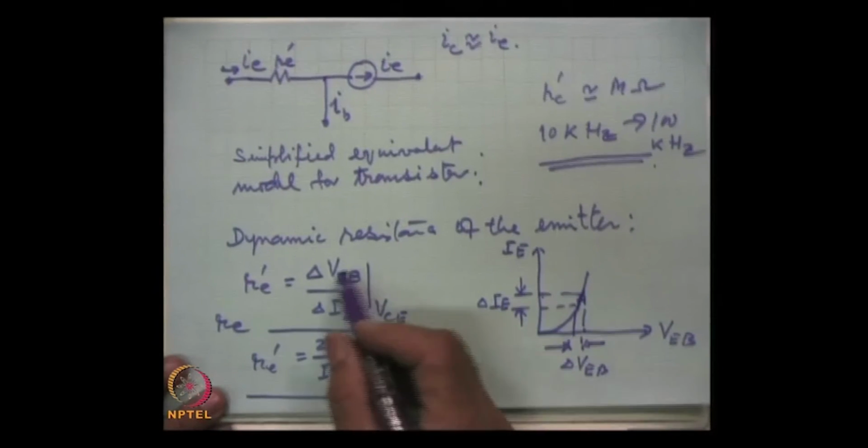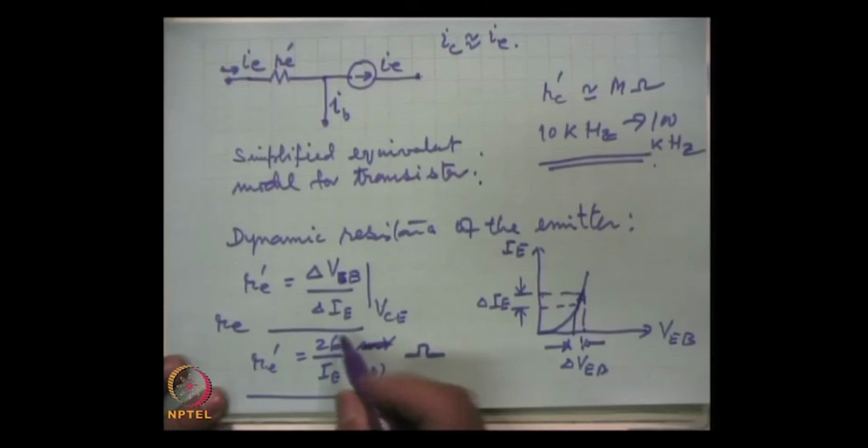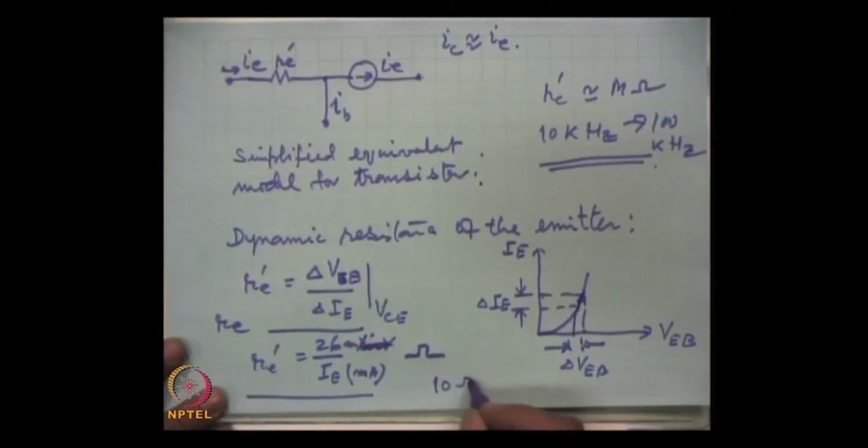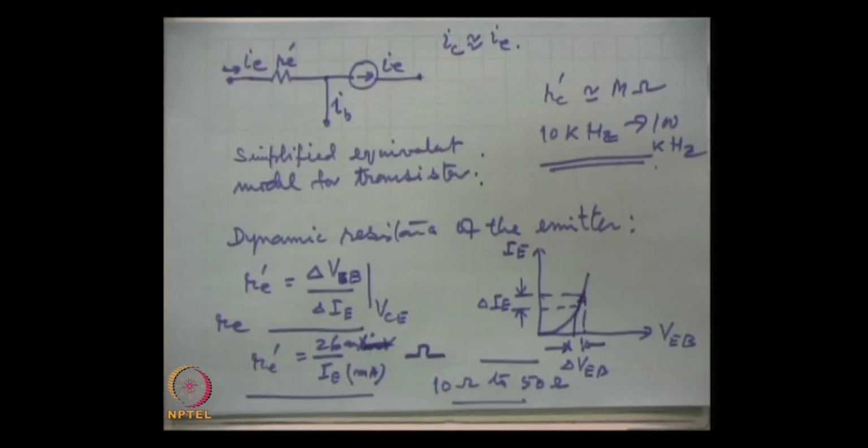I am sorry, this is also in millivolts. So, we get the resistance in ohms, and this resistance varies from 10 ohms to 50 ohms.